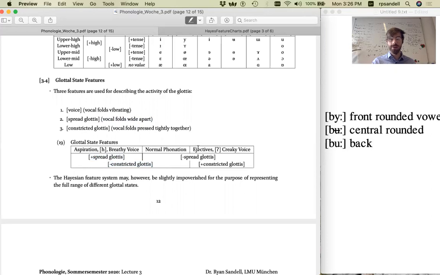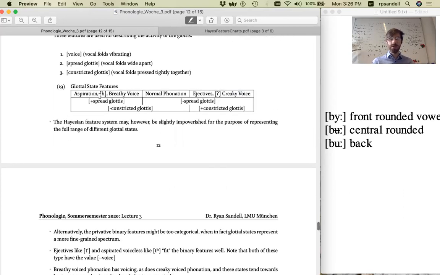And at the other end, we have ejectives, which occur, for instance, in languages of the Caucasus and a lot of indigenous languages of North America. Sounds like a glottal stop or creaky voice have the opposite values, minus spread glottis and plus constricted glottis. And sounds with normal phonation are neither plus spread glottis nor plus constricted glottis.